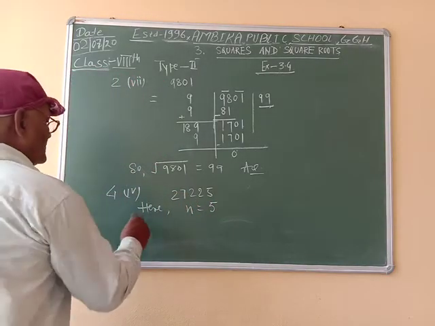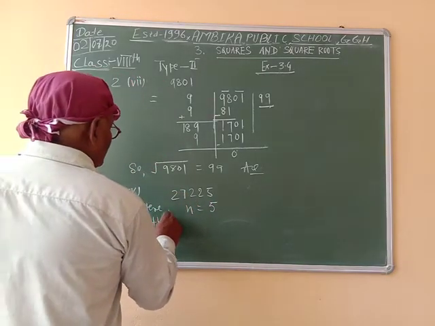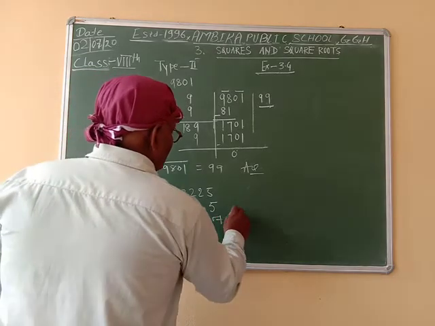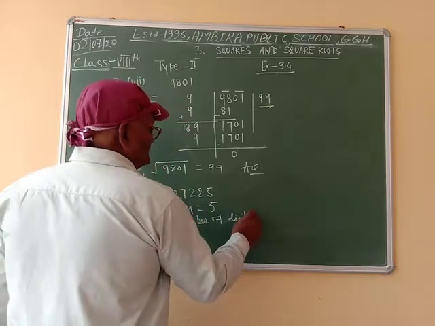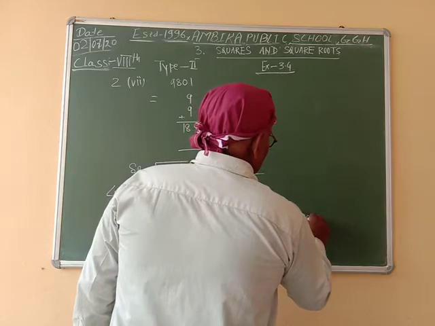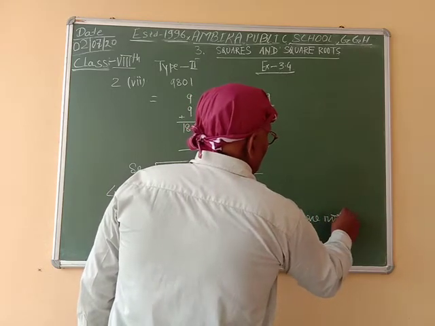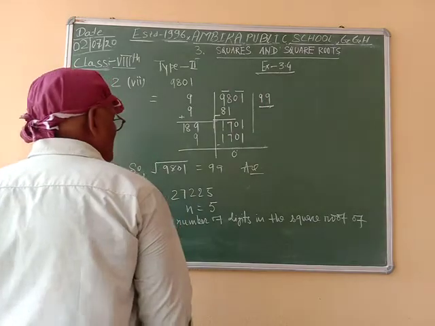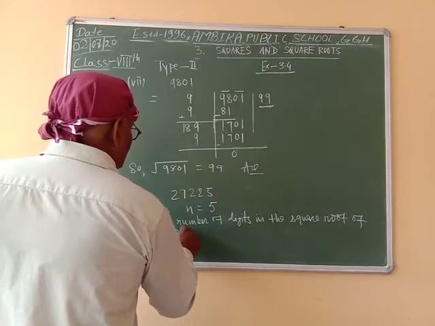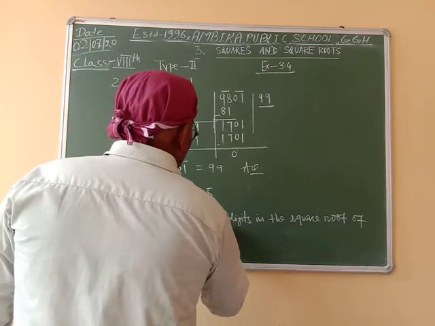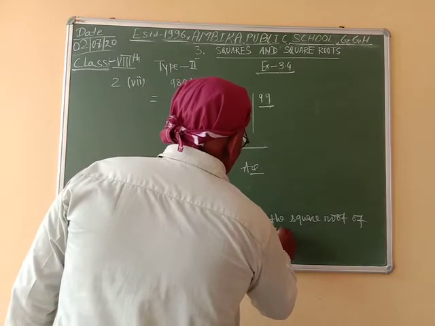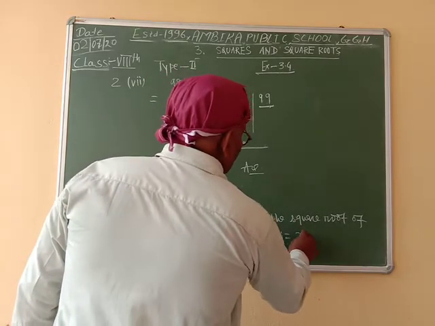So the number of digits in the square root of 27225 is equal to n plus 1 by 2 is equal to 5 plus 1 by 2 is equal to 6 by 2 is equal to 3.